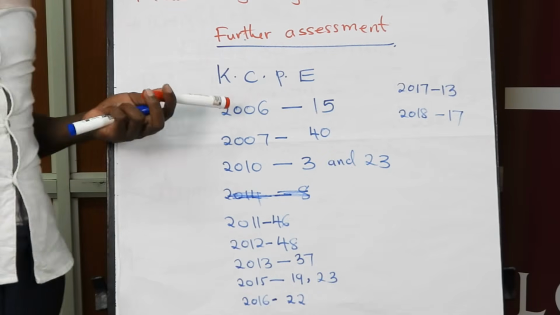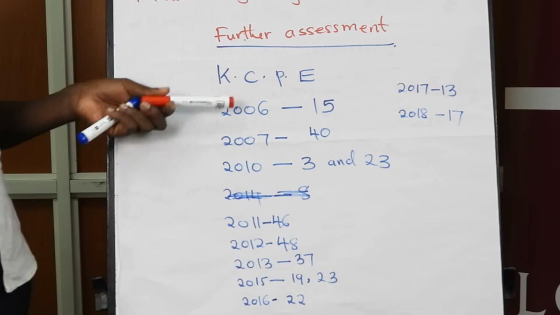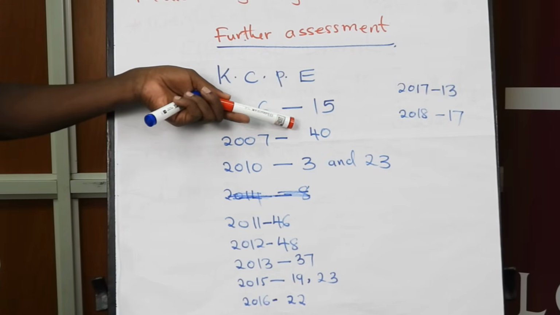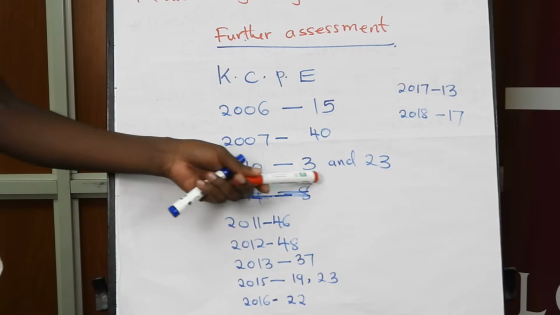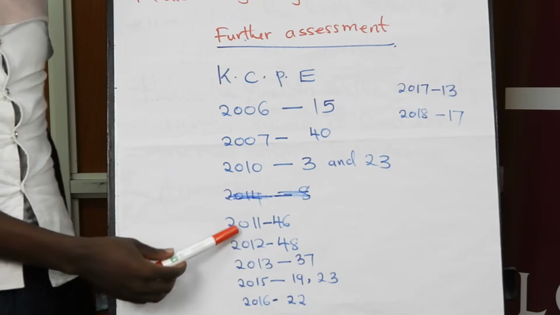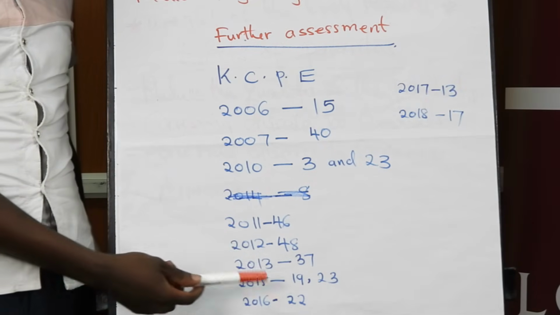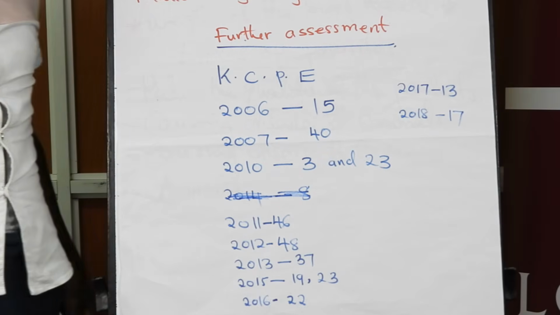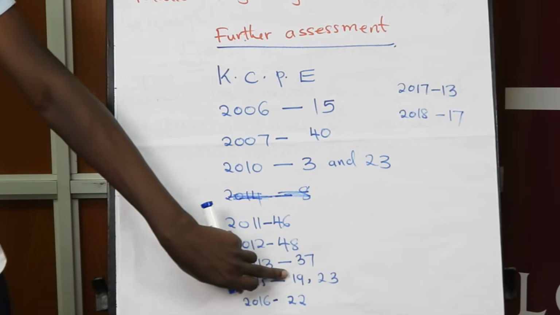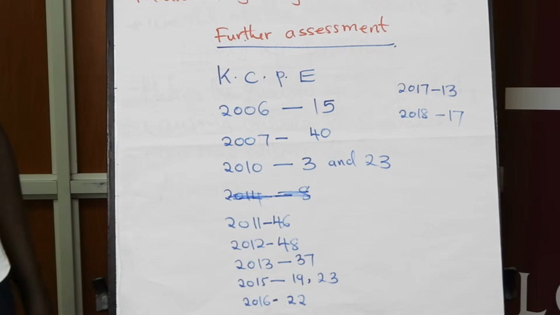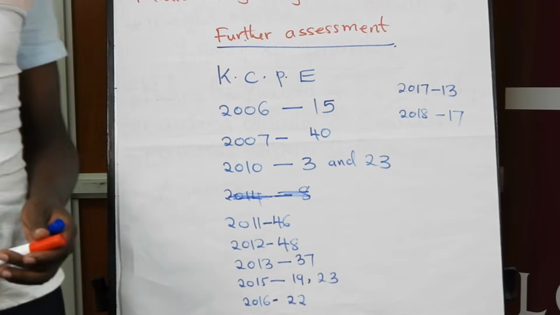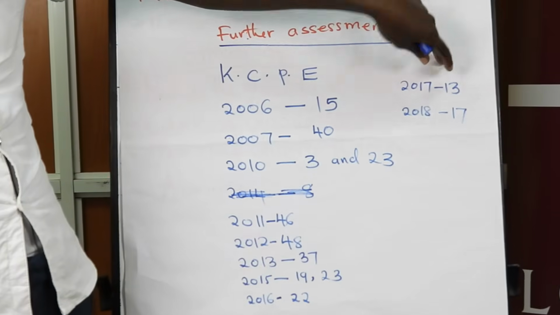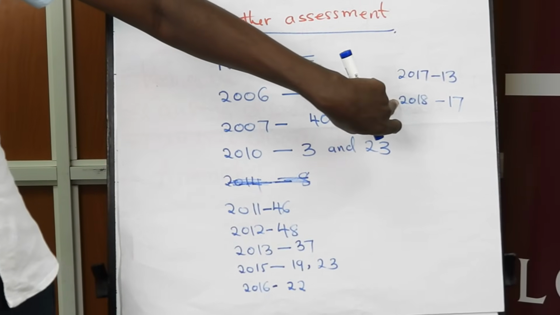You can go through KCPE question 2016 number 15, 2007 number 40, 2010 number 3 and number 23, 2011 number 46, 2012 number 48, 2013 number 37, 2015 number 19 and number 23, 2016 number 22, 2017 number 13, and 2018 number 17.